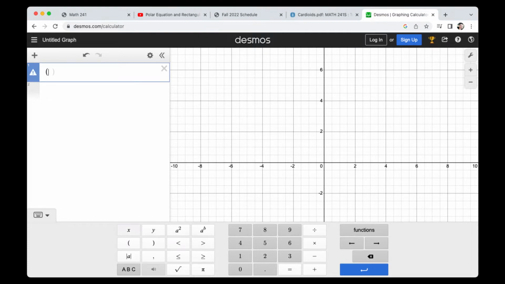So we put x squared plus y squared plus 2y, come out of that and square it, equals 4 times the quantity x squared plus y squared.